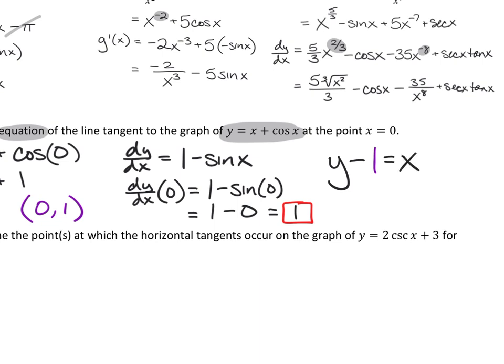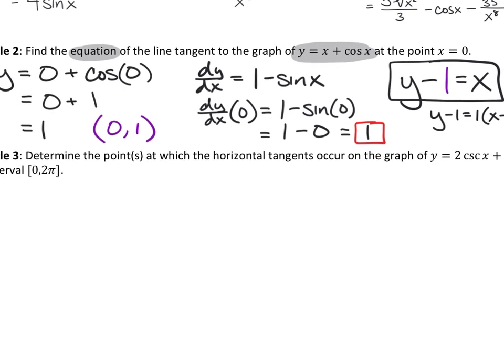But do we see where we got that from? Yeah, you can definitely still write it as y minus 1 equal to 1 times x minus 0. I'm just pretty sure on answer keys I've simplified it when it's multiplied by 0 because it's boring. Does that part make sense? Okay.